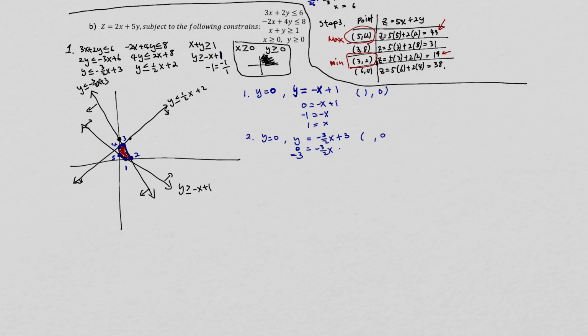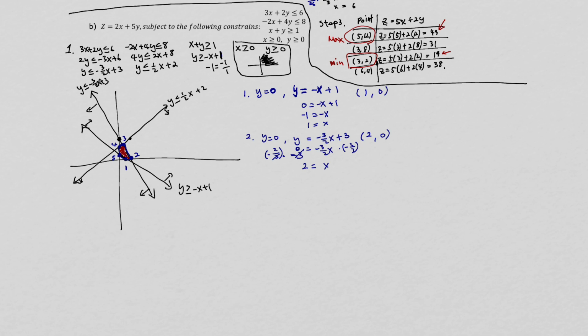And then you multiply both sides by negative 2/3 to isolate x. It gives you x equals 2, right? Because it cancels out the 2. So x will be 2.